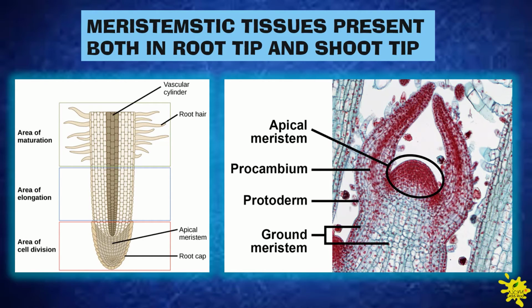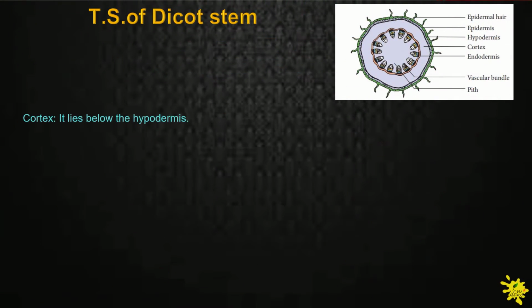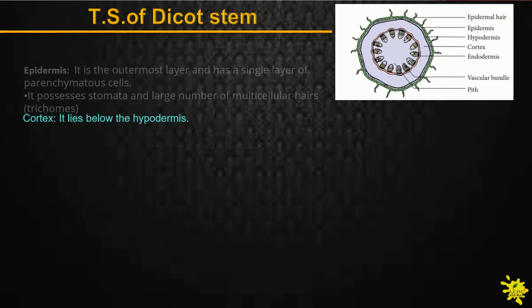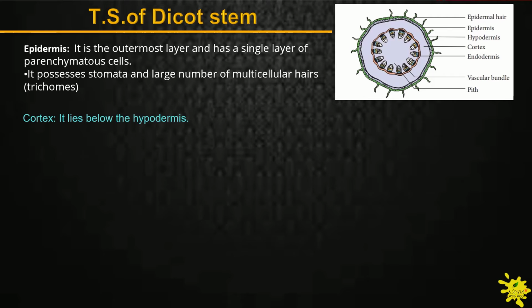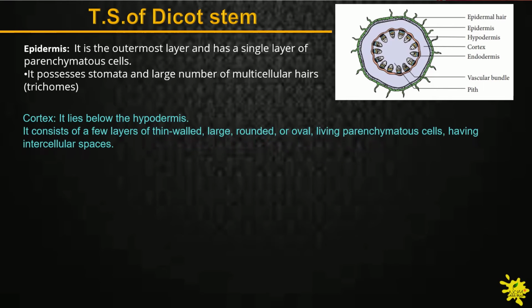Now let us see the detailed description of transverse section of dicot stem. Epidermis is the outermost layer and has a single layer of parenchyma cells. It possesses stomata and a large number of multicellular hairs called trichomes. The second part is cortex, which is below the hypodermis.